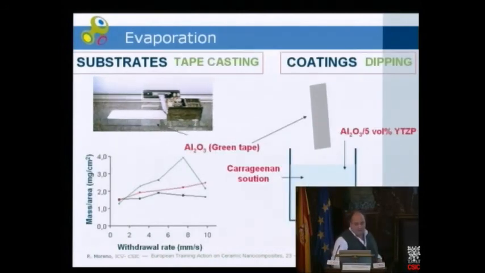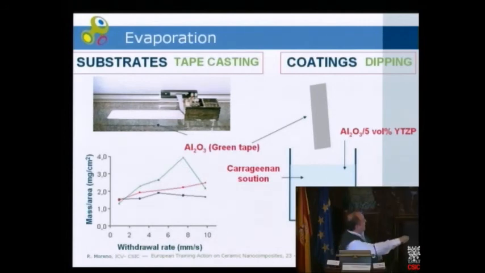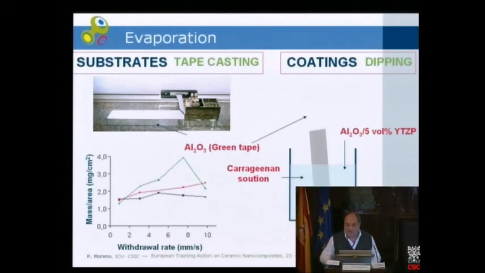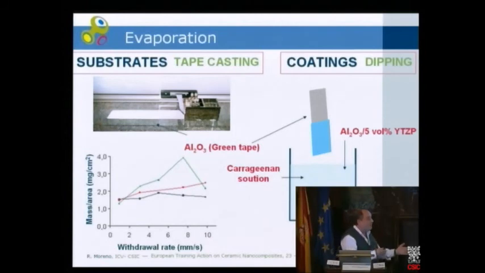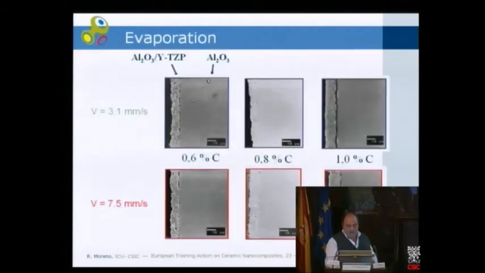I think the time is over. We can produce our tapes, and then we can introduce our green tapes directly into a dipping suspension, and in this case, we have a coated material that can go to the furnace for sintering.